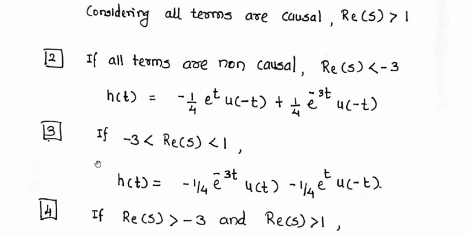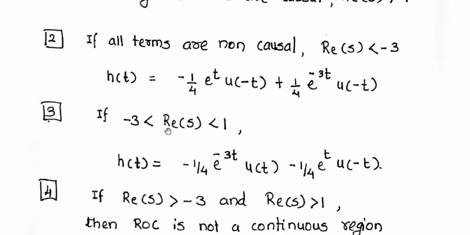There is another possibility of ROC, where the ROC will be in between minus 3 and 1. That means the ROC should be right-sided for the pole at minus 3, and left-sided for the pole at 1. So the corresponding inverse Laplace transform will be minus 1 by 4 e to the power 3t u of t.